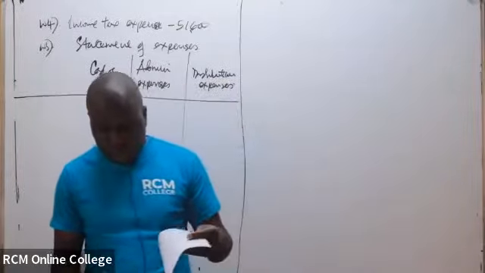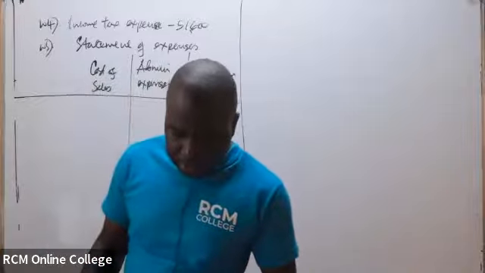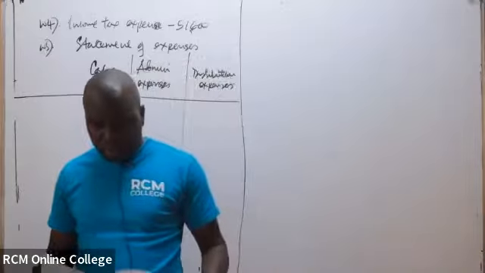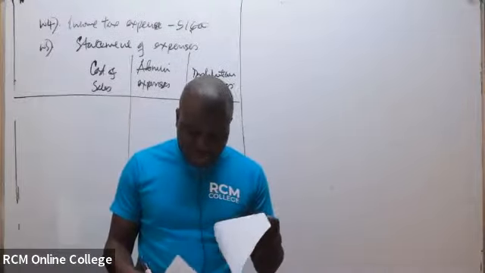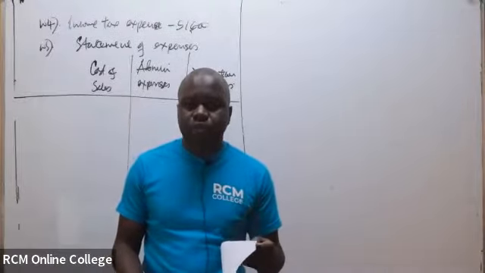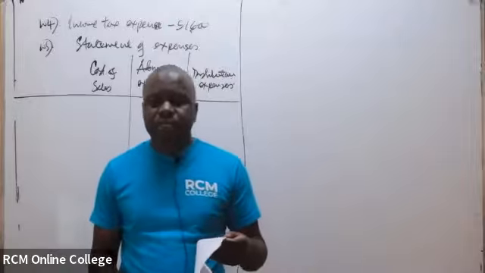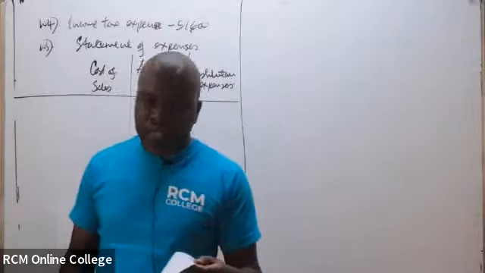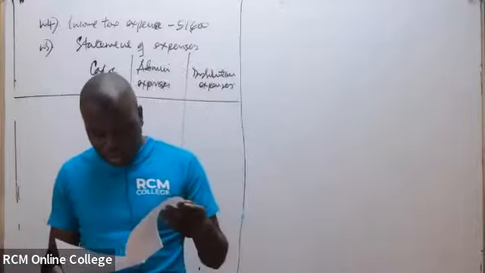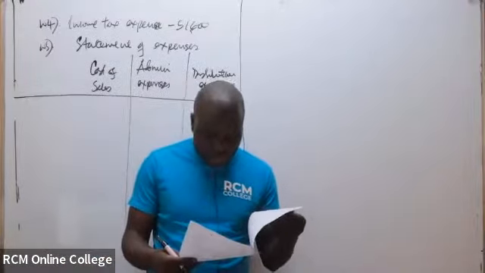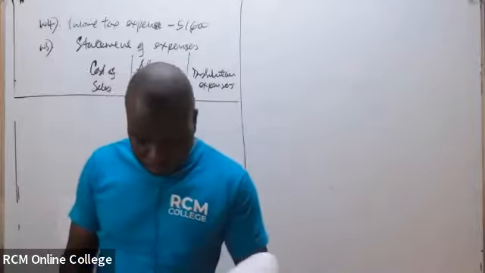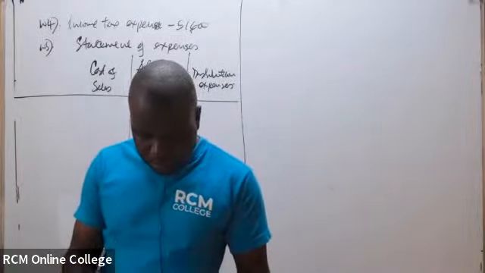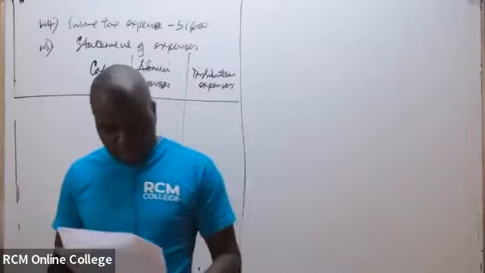Then for the cost of sales, you can compute it if you've been given the opening stock, maybe purchases, then you less the closing stock or the closing inventory. So we can look at what could be our cost of sales.